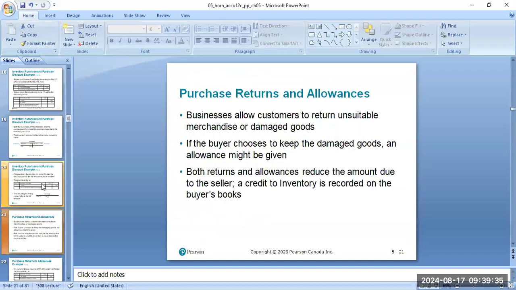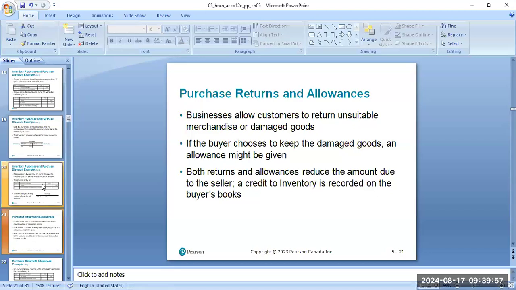Purchase returns and allowances. It can happen in North America, it can happen everywhere. You have probably already experienced that one. You're buying something, you don't like it, you go back, and you can return it. Once you return it, you get a full refund.